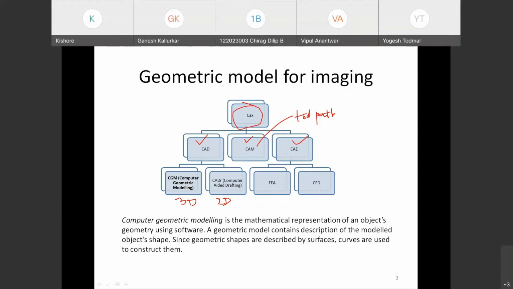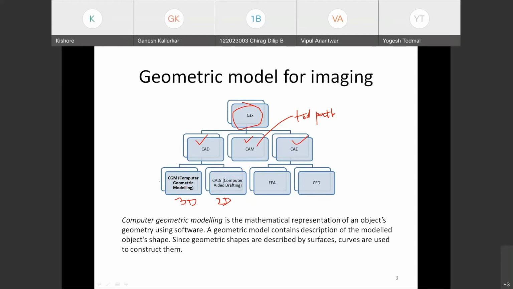And you can also carry out computational fluid dynamics, that is CFD analysis, wherein you can check what the flow is, how the flow is interacting. You can also do various thermal analysis using CFD. Okay, so this is the application of geometric models which are created using image processing.